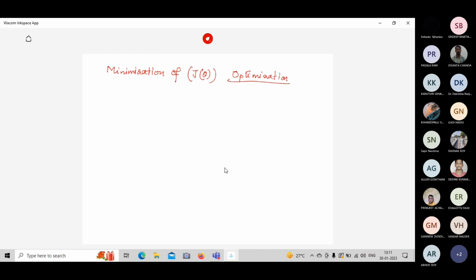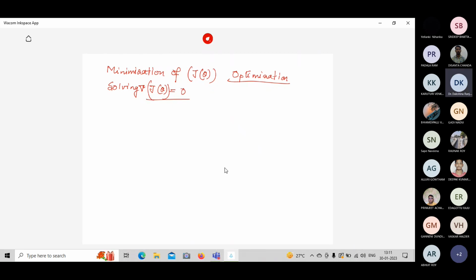If we employ an optimization technique to minimize the error, then actually we are solving J theta. So solving J theta means we have to make the gradient of J theta be 0.